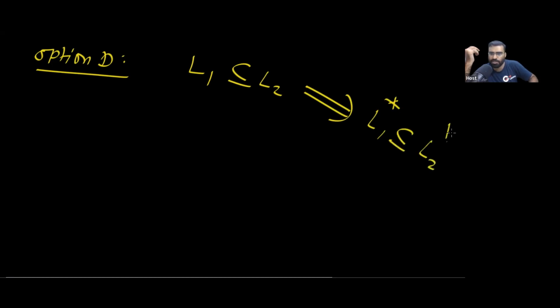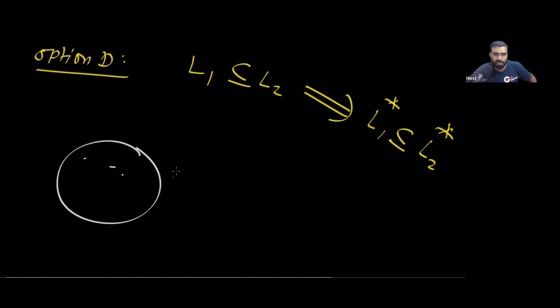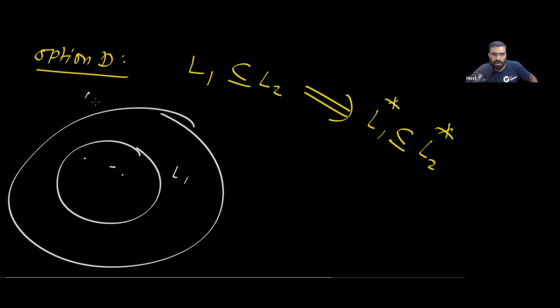Option D is saying that if L1 is subset of L2, then L1 star is subset of L2 star. This statement is correct. Why? See, L1 is subset of L2. This is your L1. This is your L2. Now you can notice that every combination that you can create here, I can create in L2 also.